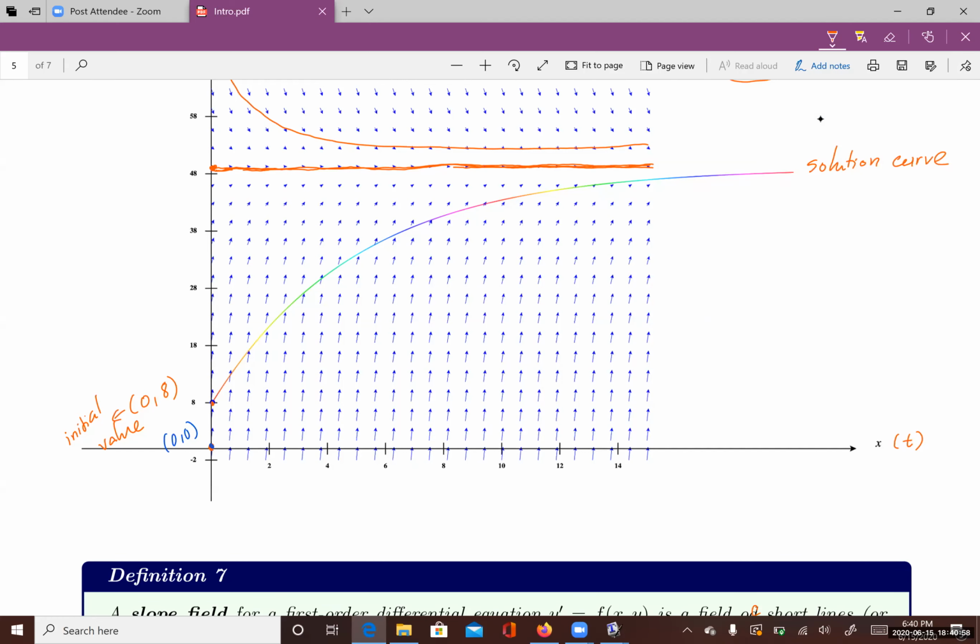All these solution curves never intersect each other. They approach the equilibrium line right here, but they would never intersect. Any two solution curves would not intersect each other.